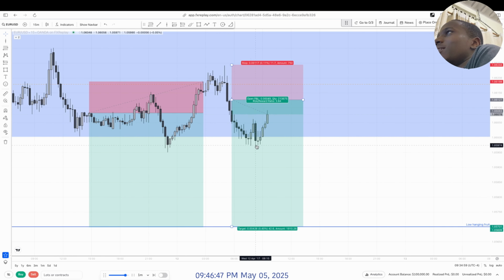Okay, so this volume imbalance right here, you can try to go to the equilibrium of it.